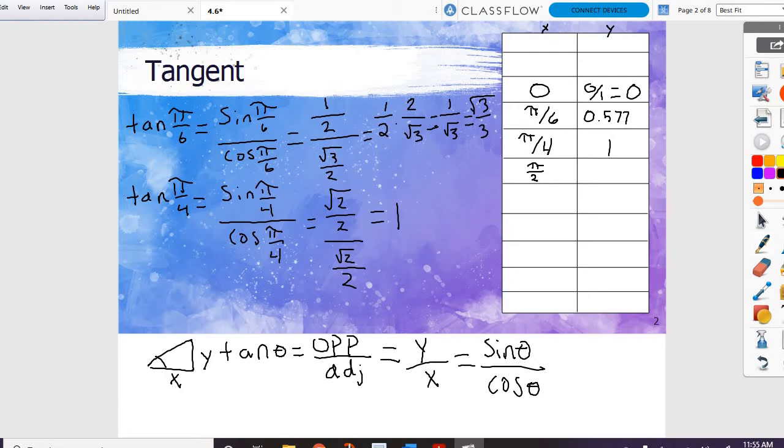So what is sine of pi over 2 going to be? Any response? It's 1. So then what does that mean that cosine is? 0. Now what is 1 divided by 0?